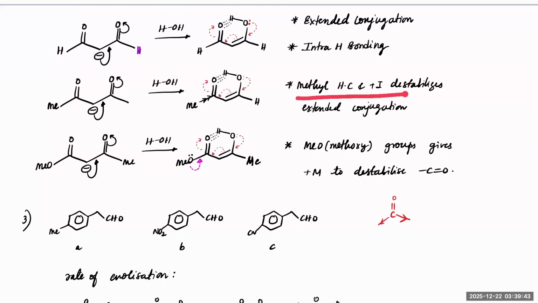So because methyl is offering plus I and hyperconjugation, it will destabilize the extended conjugation. That's why this percentage, although it will be sufficiently high, now this carbon's double bond and hydrogen will not make us a very strong bond. Okay, next one.